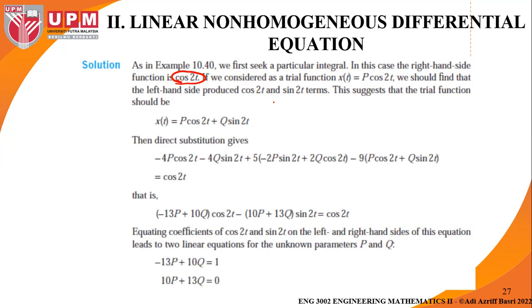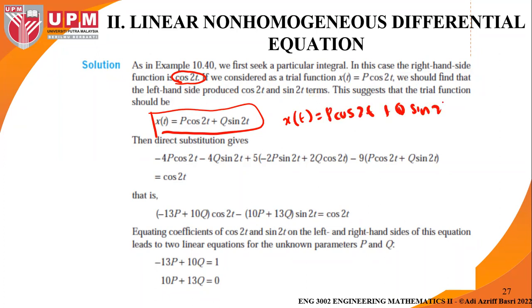So we consider a trial: we put x(t) equal to p cos 2t. We should find the left hand side to produce cos 2t and sin 2t, so the suggestion becomes x(t) equal to p cos 2t plus q sin 2t.